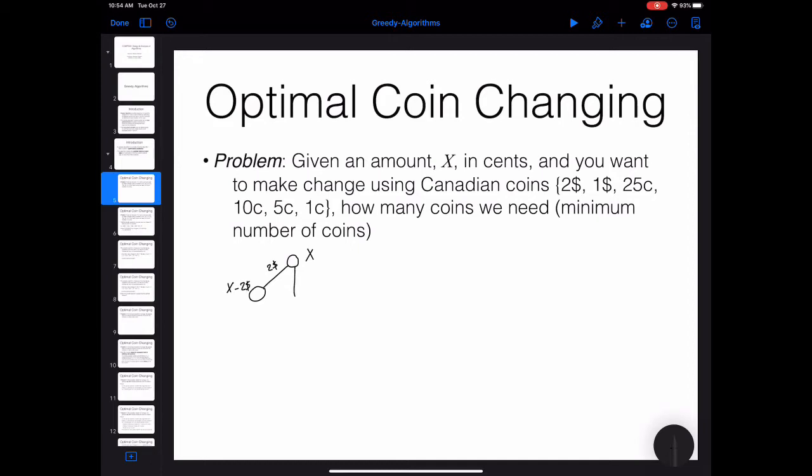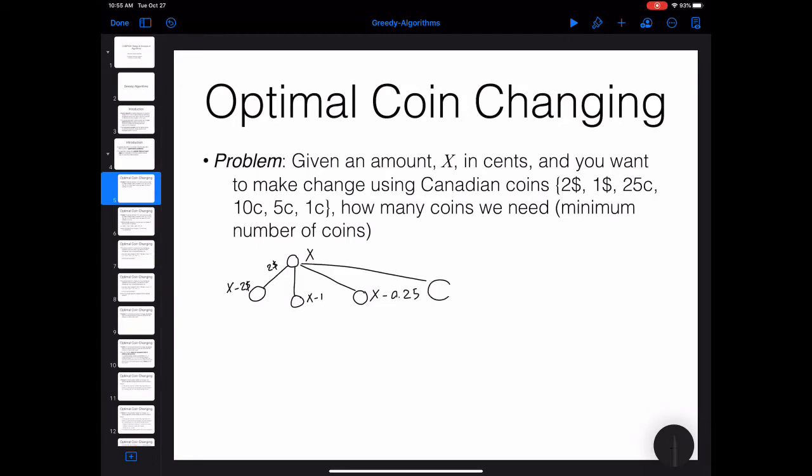What would be the optimal solution? What would be the best answer that I can get if I choose a $1 loonie? This is going to be X minus 1. What would happen if I choose a quarter? Let's write it like this.